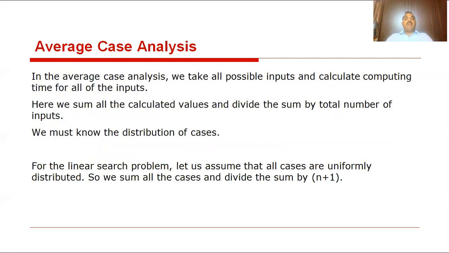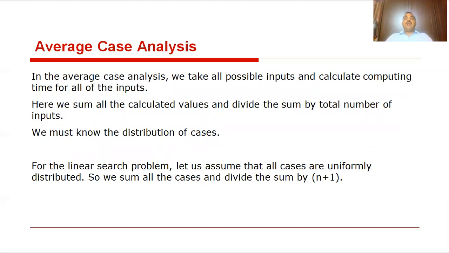Then the next one is average case analysis. In the average case analysis, we take all possible inputs and calculate computing time for all of the inputs. Here we sum all the calculated values and divide the sum by the total number of inputs.